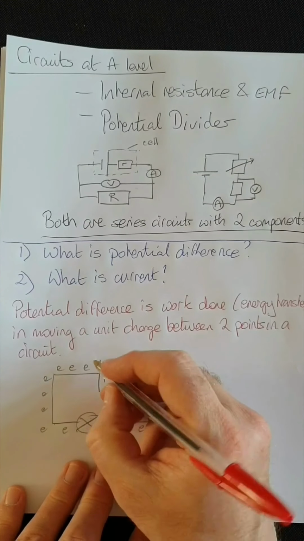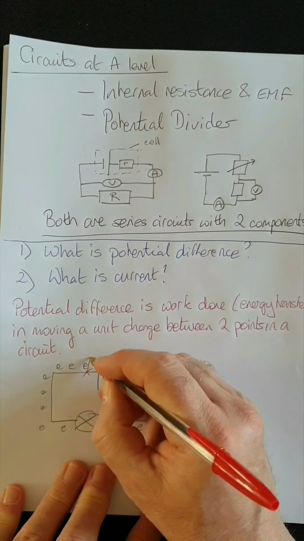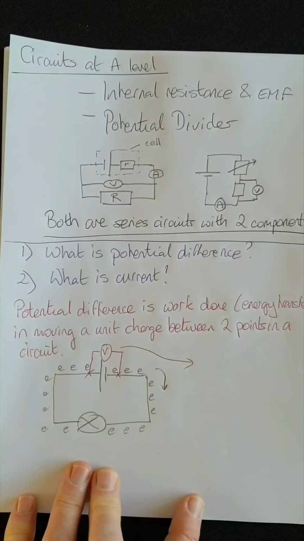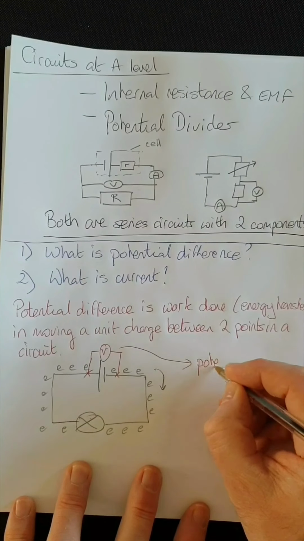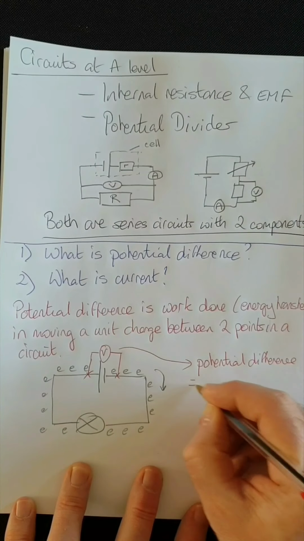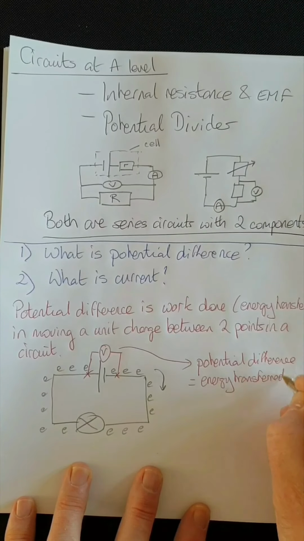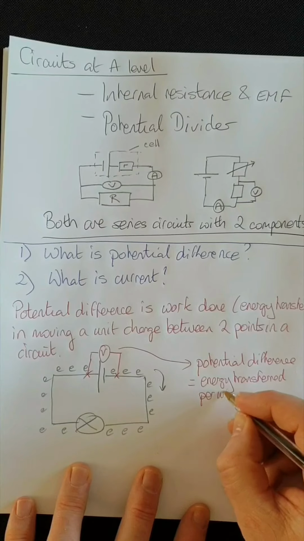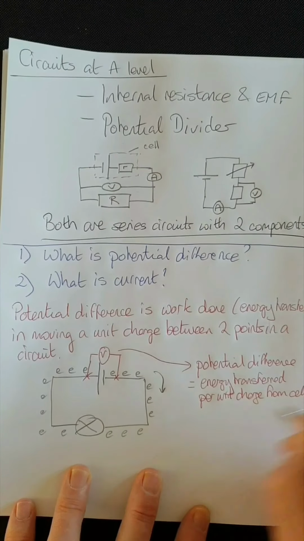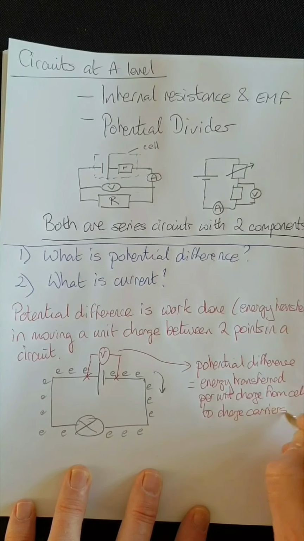As they pass across between this point and this point, we have a voltage or a potential difference, and the potential difference here is equal to the energy transferred per unit charge from the cell to the charge carriers, in this case the electrons.